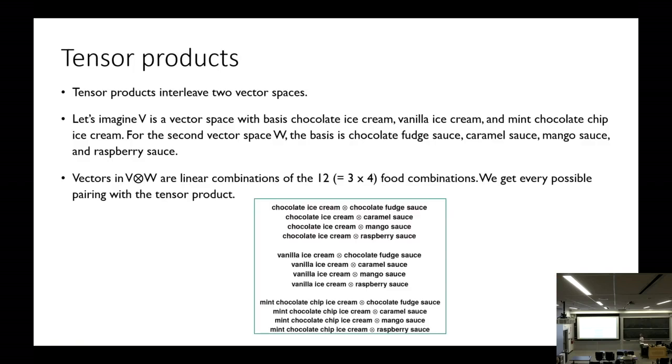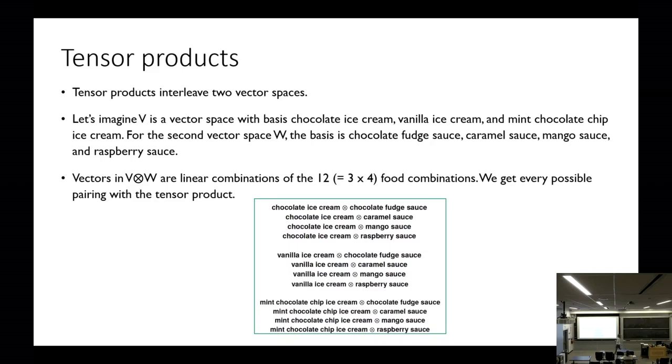Let's look at an example of what a tensor product is, because I feel like probably most people haven't worked with them, at least in a while. I like this example. You want to think about tensor products as interleaving two vector spaces. So if I have a vector space V that has a basis of chocolate ice cream, vanilla ice cream, and mint chocolate chip ice cream, and I have a vector space W that has a basis of chocolate fudge sauce, caramel sauce, mango sauce, and raspberry sauce, then the tensor product of those two vector spaces is the linear combinations of the 12 possibilities.